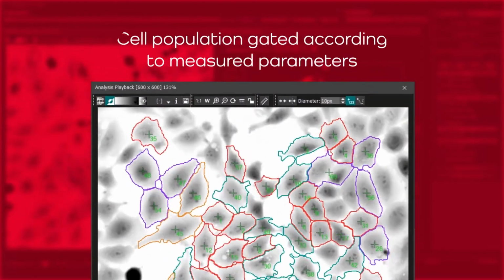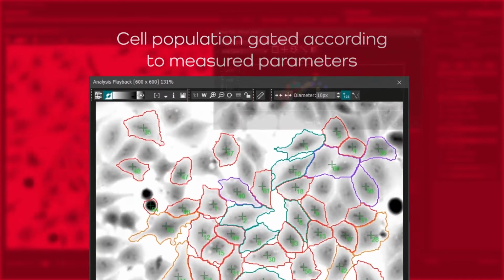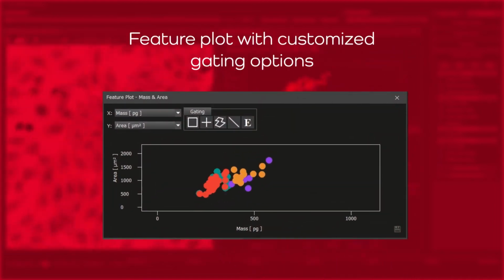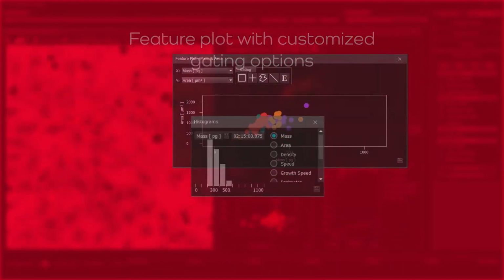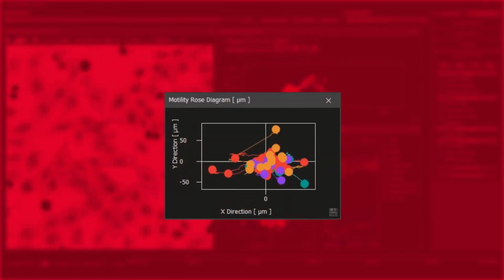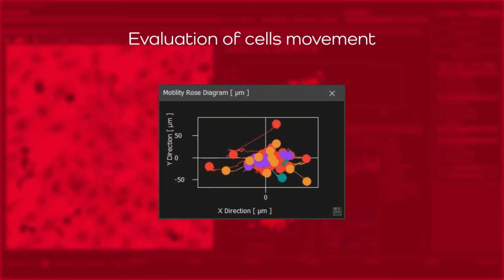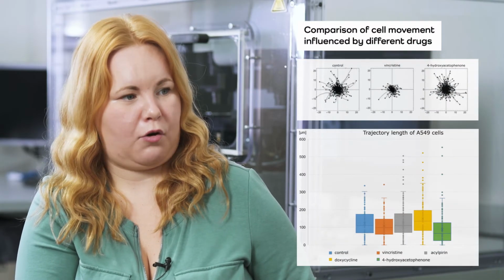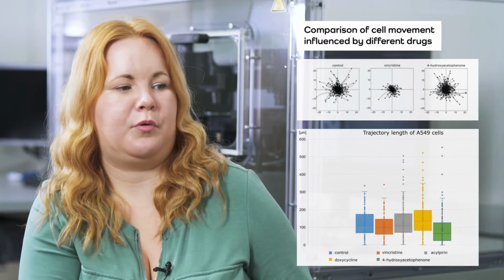For dynamics, I very often use speed, growth speed, elongation, spreading, perimeter, and mass, and many other parameters. And very interesting for us is the motility rose graph, because we can compare the movement of the control sample and the sample with drugs.